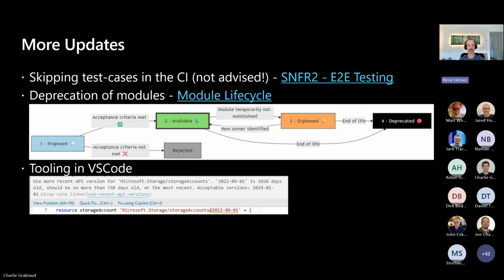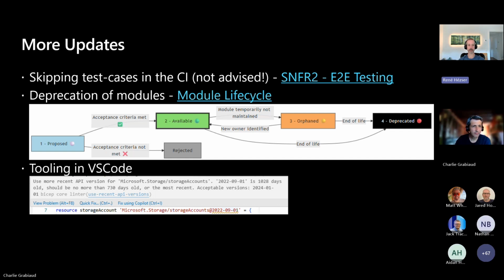Another update is regarding tooling. When you're working with VS Code, you can configure the Bicep behavior in the Bicep config file. We have added one to the root directory of the Bicep registry modules repository. So whenever you clone it, fork it, or do whatever with it, you will see here that the version of the storage account is outdated, or that a more recent version is available.